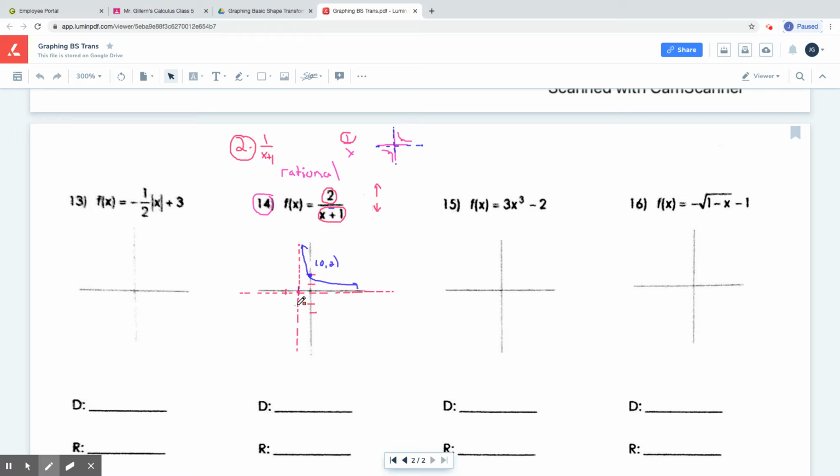Then you can go down 2 to the left 1. And that is at -2, -2. So there, and you probably should label the asymptotes too. So x equals -1 and y equals 0.